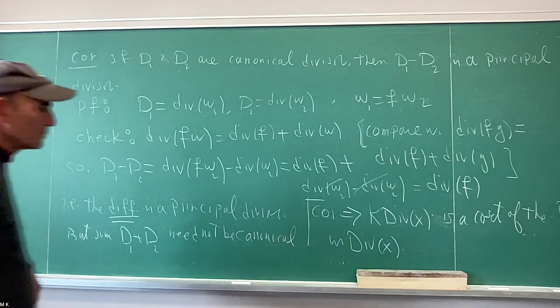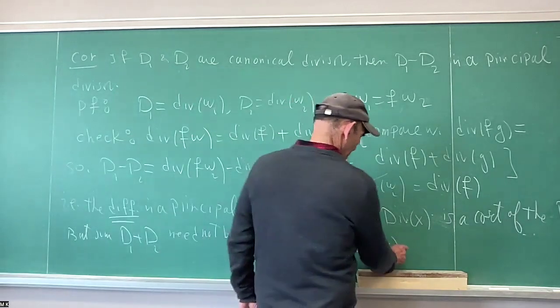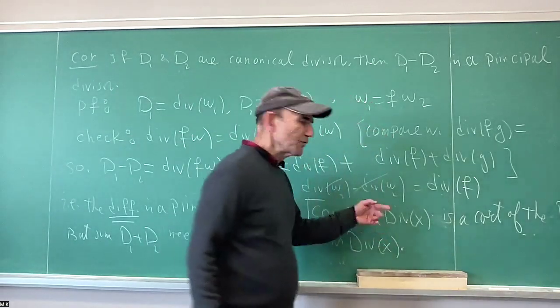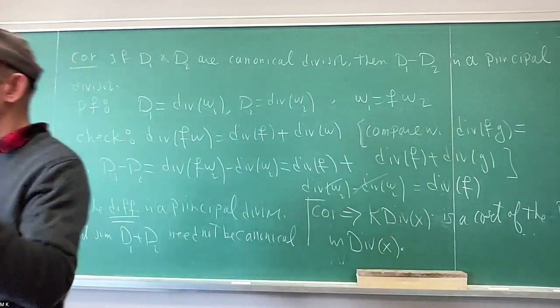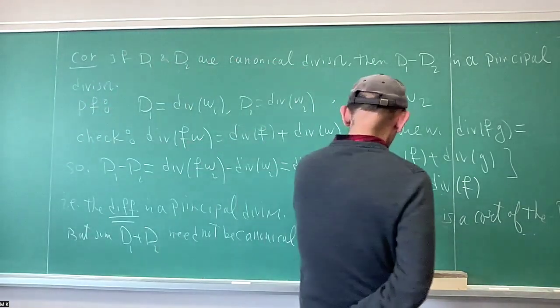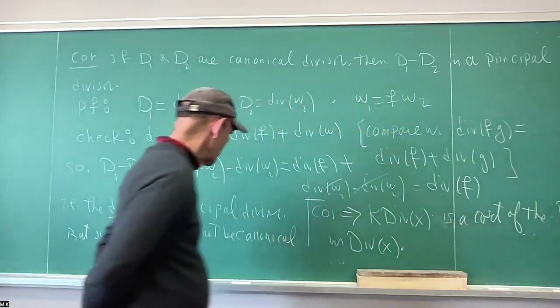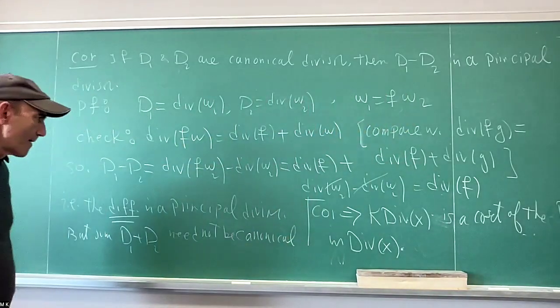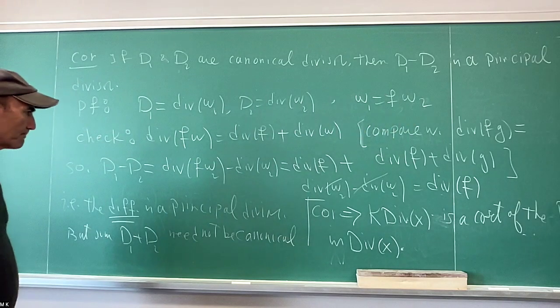I'm a bit uneasy about this, but I think this is correct actually, but I have to think about it. Let's think about it over the break. The statement is correct, but how to write it, I'm not so sure now.